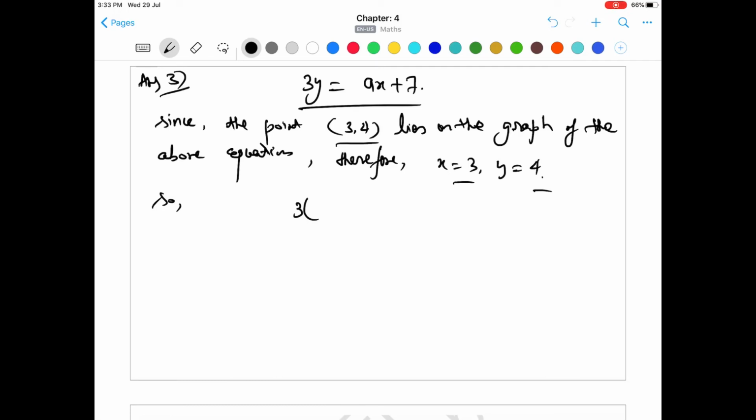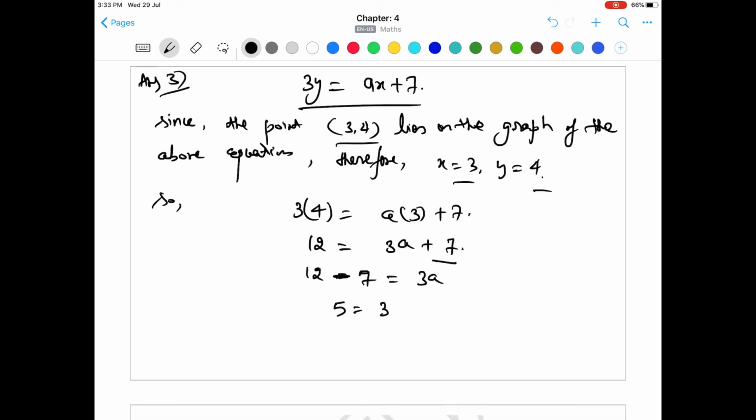So we have 3 into 4 equals a into 3 plus 7. So 3 into 4 is 12. Here we have 3a plus 7. This plus 7 will become minus 7 on this side, equals 3a. 12 minus 7 is 5 equals 3a, or a will be equal to 5 by 3.